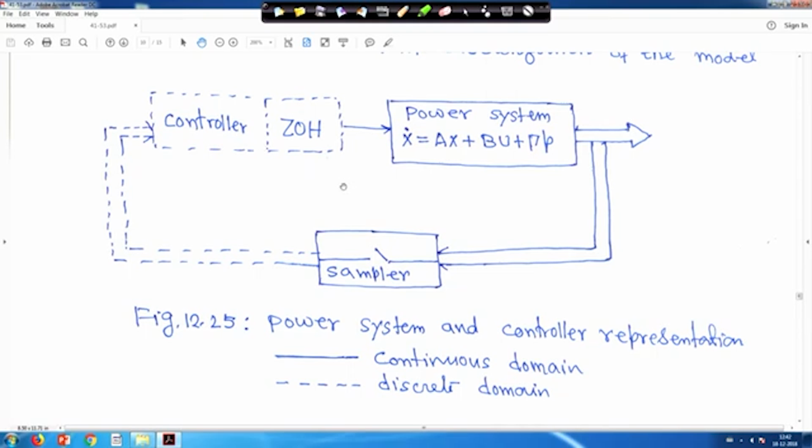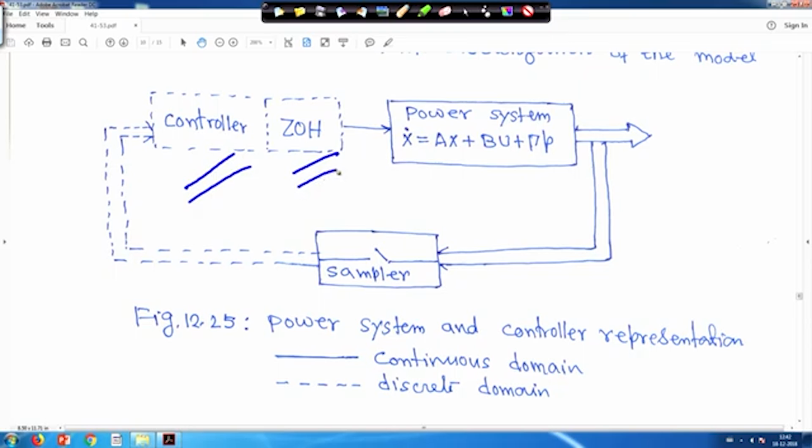I told you that whenever you solve this, nowadays you put it in MATLAB and get the result, but my suggestion is that if you write the code on your own, you have to follow this logic. This is the controller and this is your zero order hold.